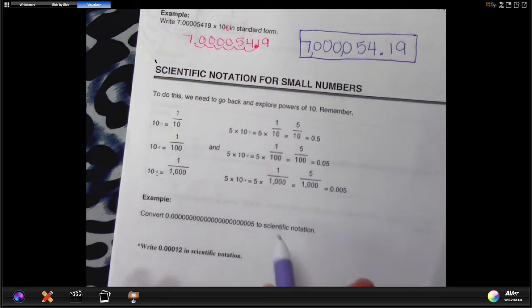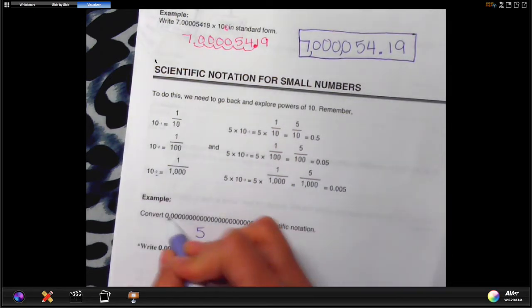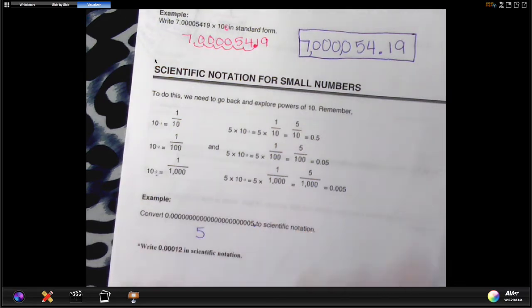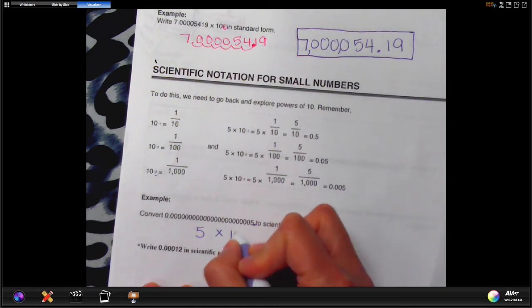What we want to do in this case is very similar. We need to rewrite this number with the first number being between 1 and 10. So I need the decimal to go behind the 5, so that it's 5, always times 10.